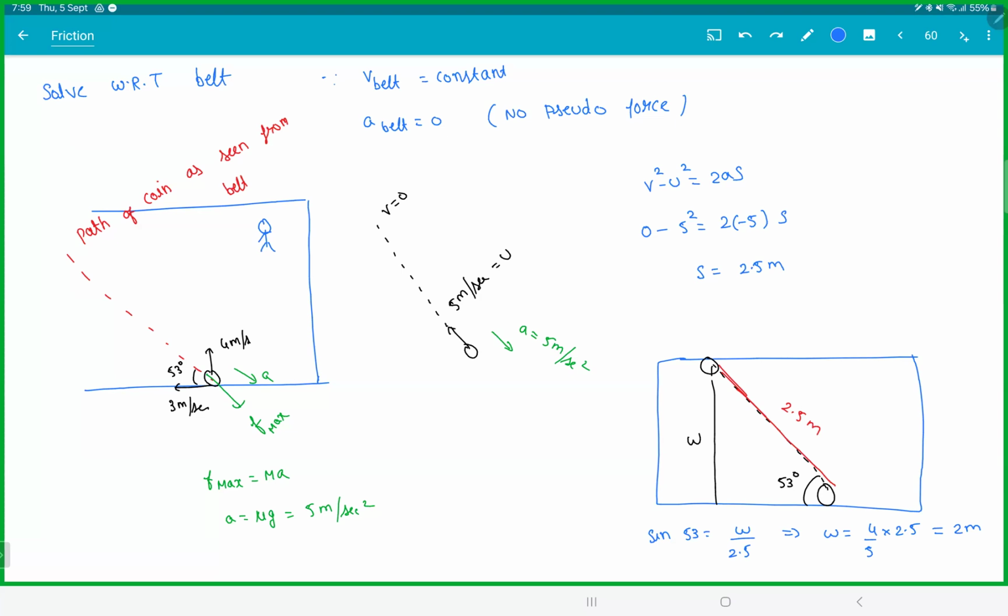Someone got root 5. Let me show you. That is not right.